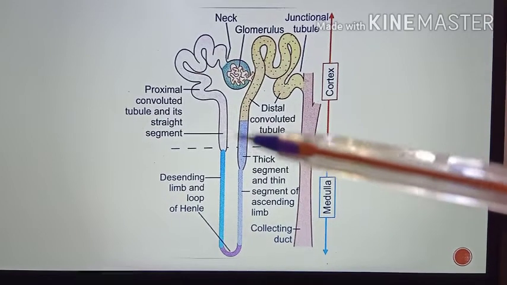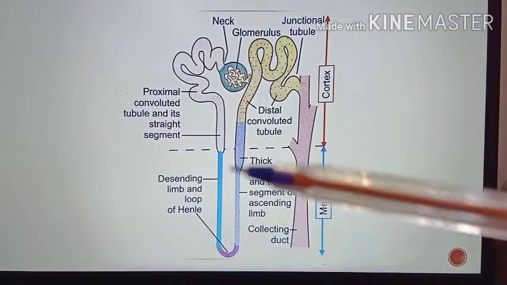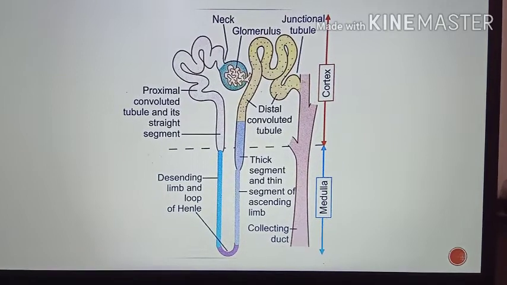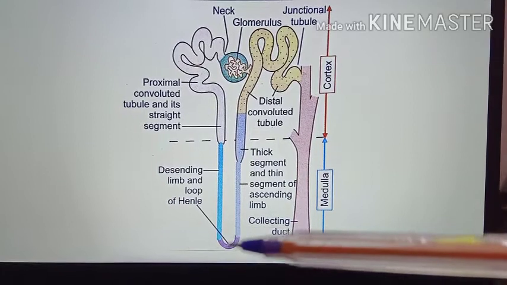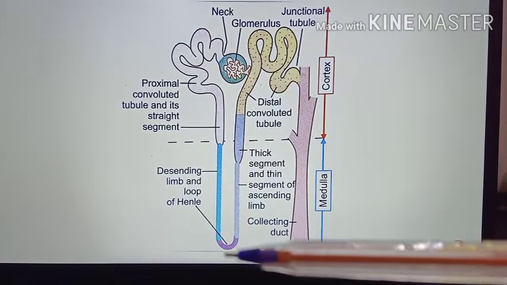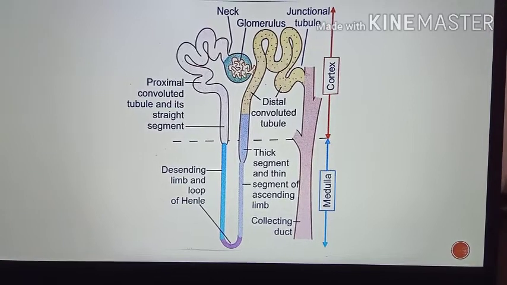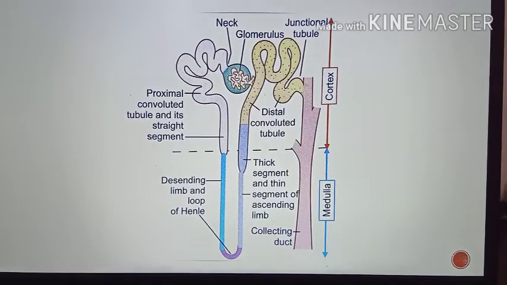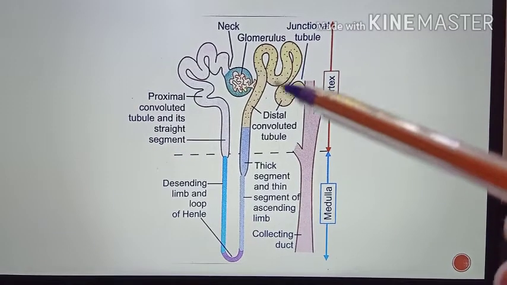The loop of Henle is also called ansa nephroni. Now coming to the distal convoluted tubule.